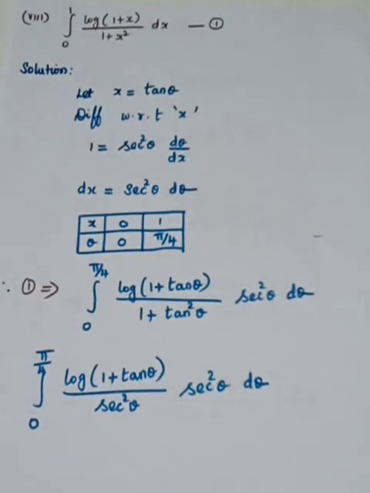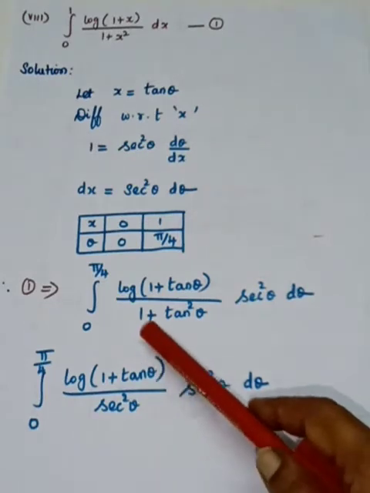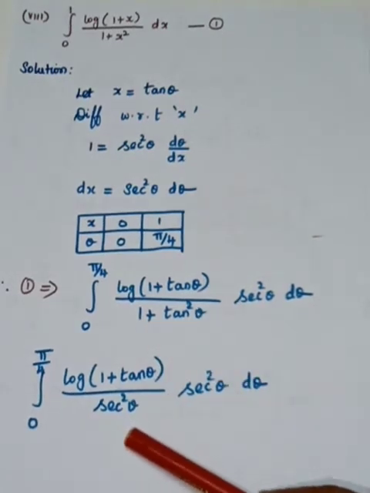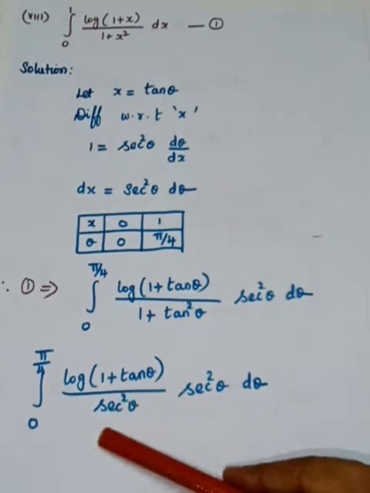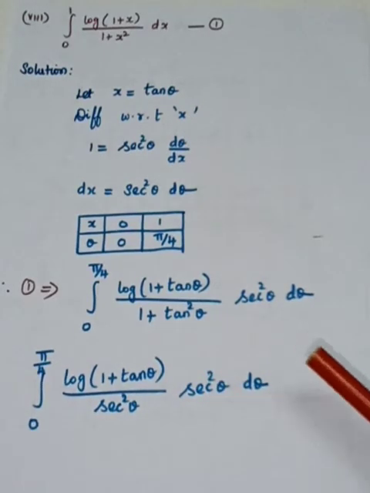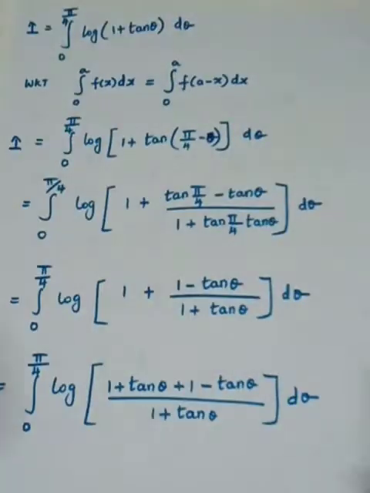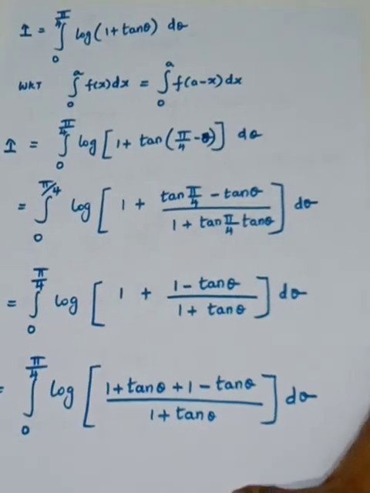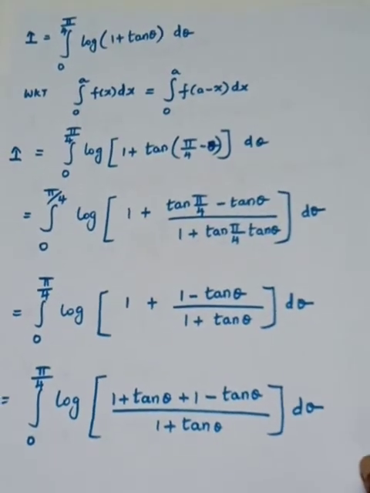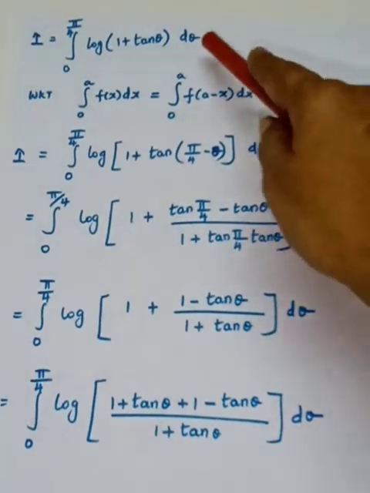So secant square theta minus tan square theta is equal to 1. So from that 1 plus tan square theta is equal to secant square theta. The secant square theta and secant square theta get cancelled. Okay, so what is remaining? Here you will have integral 0 to pi by 4 log of 1 plus tan theta into d theta.